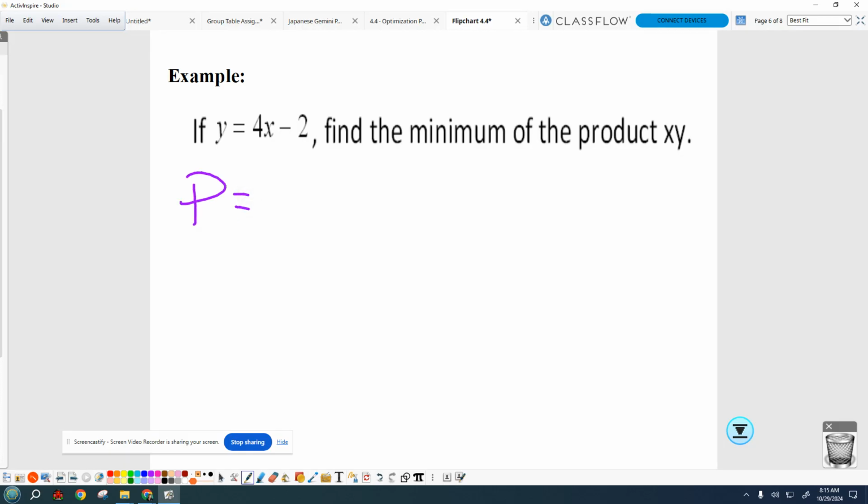P for product. Zach, how do I find an equation for the product x times y? I want it all just as one letter.